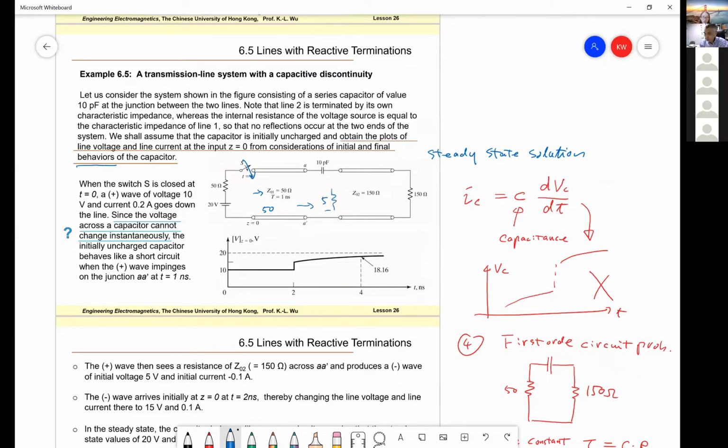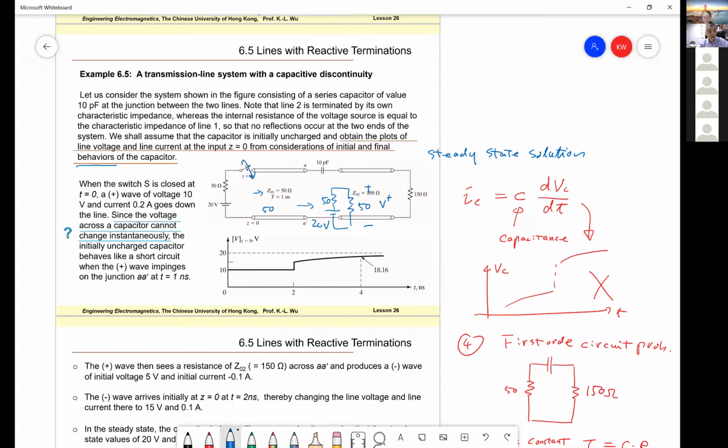So the initial voltage is this. What does that equal? This is 20 volt.